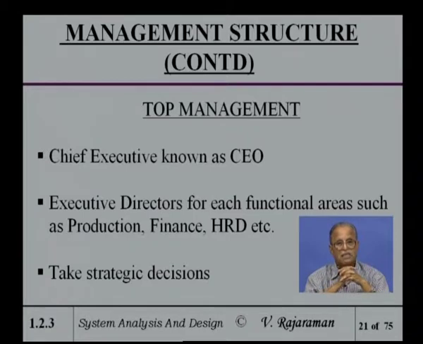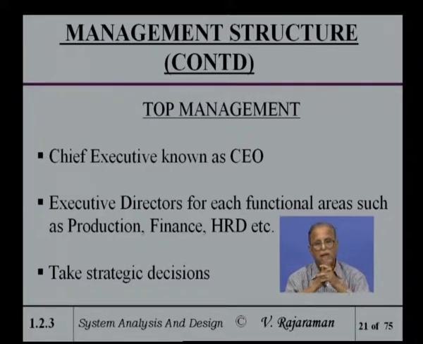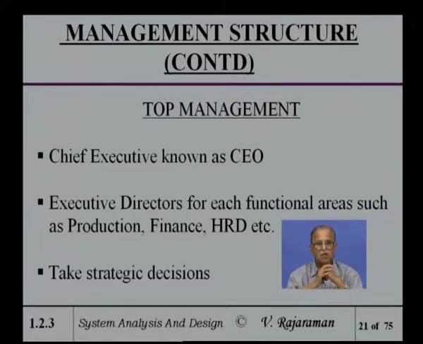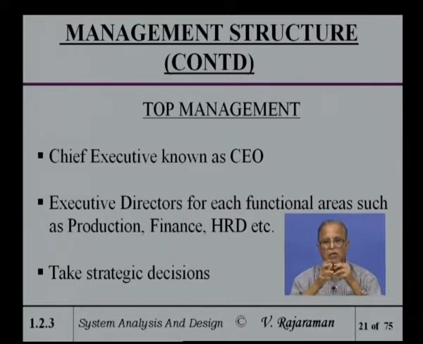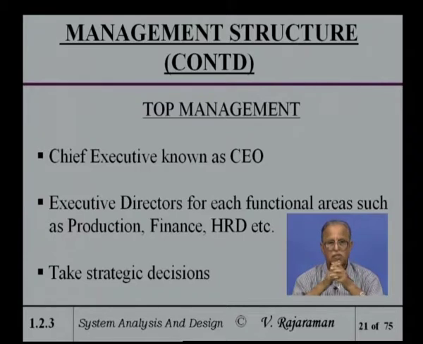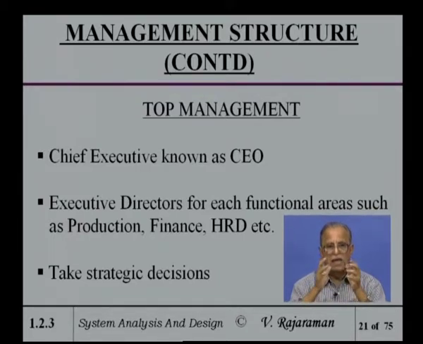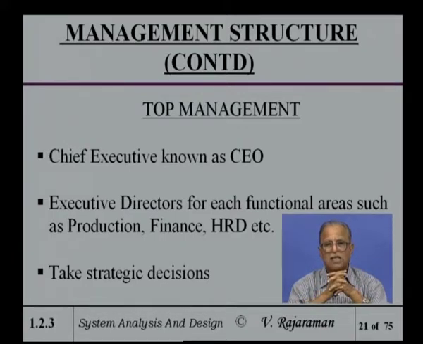The board of directors has, apart from some of the executive directors who are employees in the company, also external so called non-official directors who come from outside the organization, and they are normally taken for their specific expertise about that particular product or company, and so on. So, every company normally has what is known as a board of directors. The board of directors may be chaired by the chief executive, or it may have a non-executive chairman.